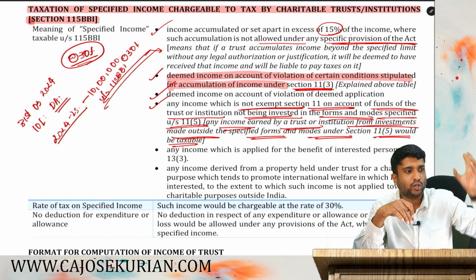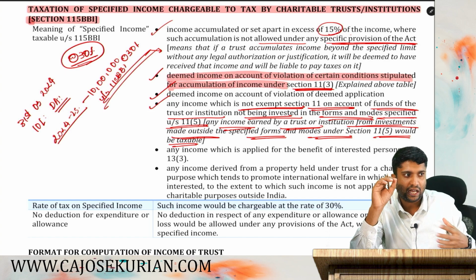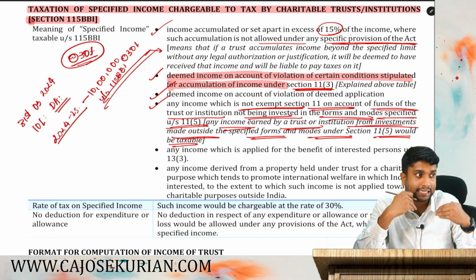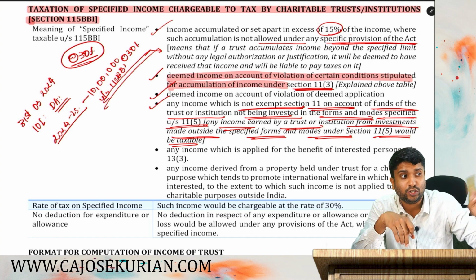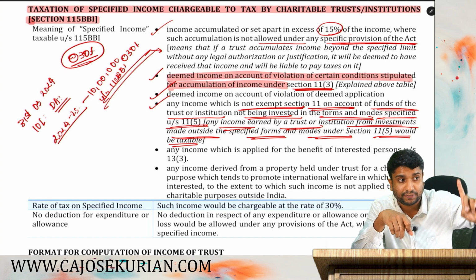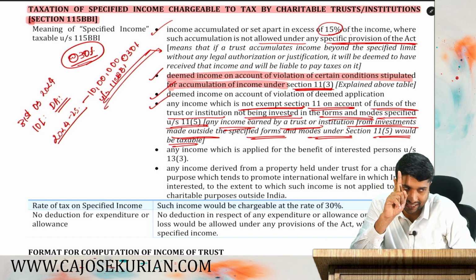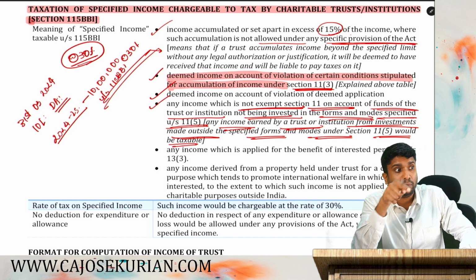Simple example, corpus donation I received. I haven't invested it in 11 subsection 5 modes. Then that will become my income. That income is not subjected to slab rates. It is subjected to 30% rate under 115BBI because it is considered as an impermissible mode of investment.